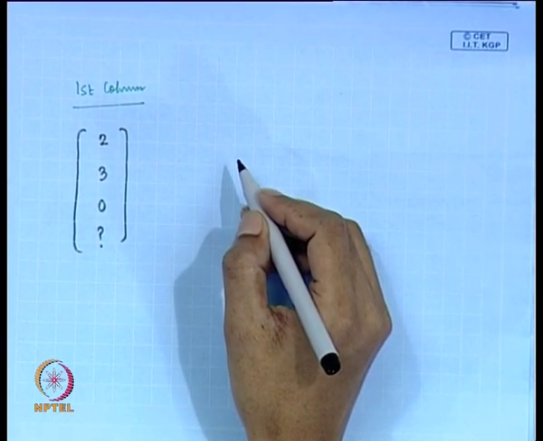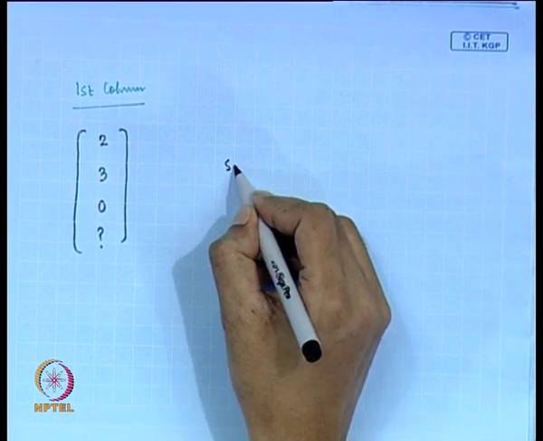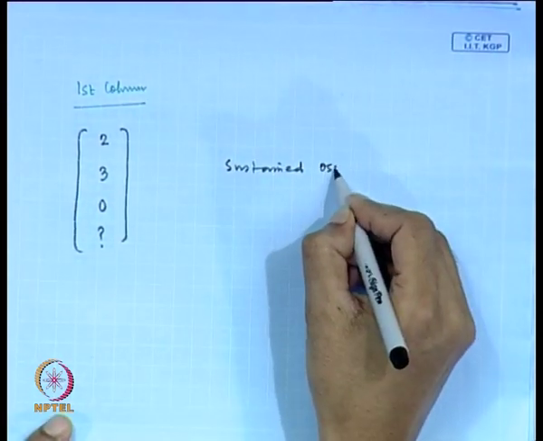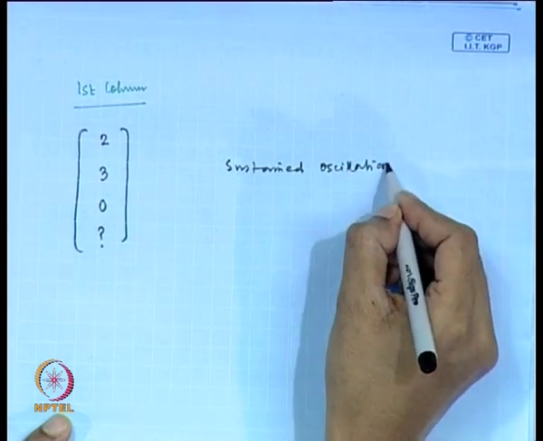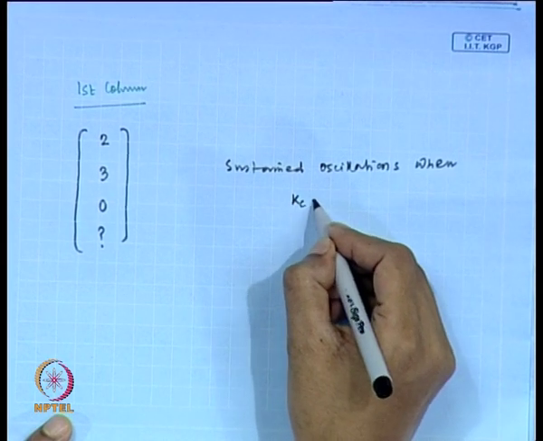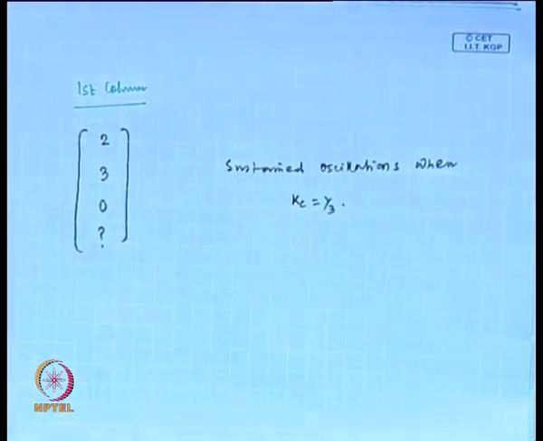So, in this situation we get sustained oscillations when Kc is equal to 1/3. When Kc is equal to 1/3, the closed loop response provides oscillatory response with constant amplitude.